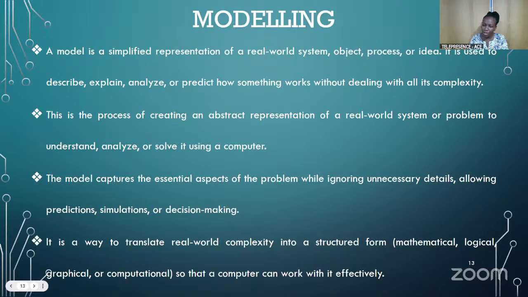You put the mirror, you put the steering, you put the dashboard, you put the seat, you design it, then you bring it out. That is you modeling a car. You are giving a prototype. So if there are any changes you want to make, it will be cost effective to make the changes.